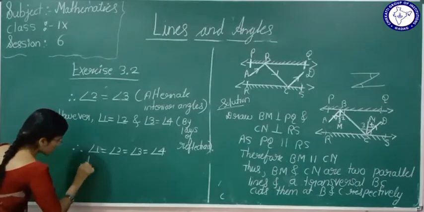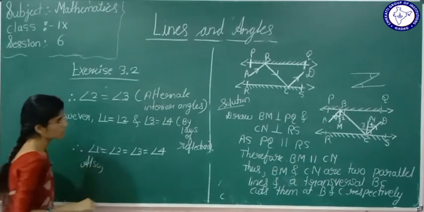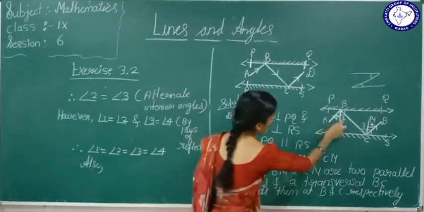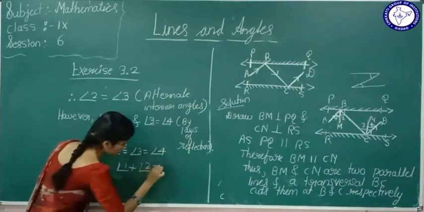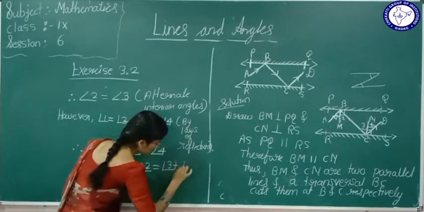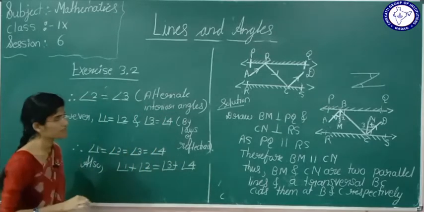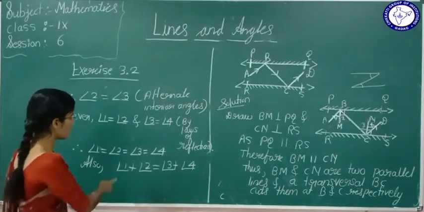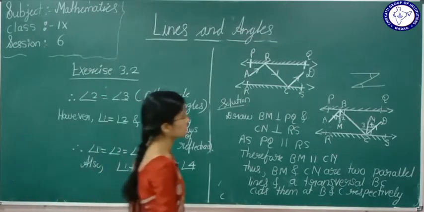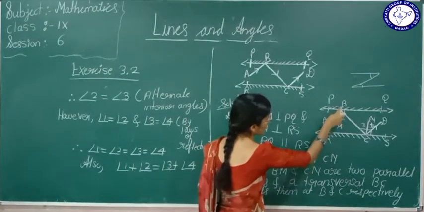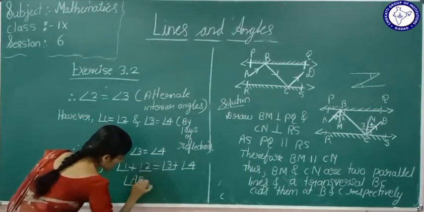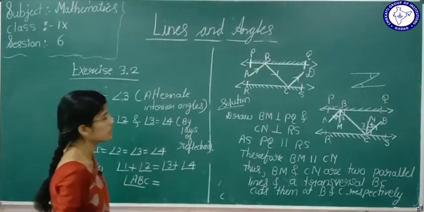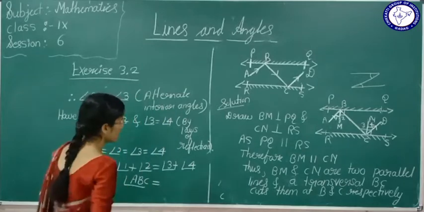So also see here, angle 1 plus angle 2 is equal to angle 3 plus angle 4. Okay, what is angle 1 plus angle 2? That is angle ABC. Angle ABC is equal to angle BCD.